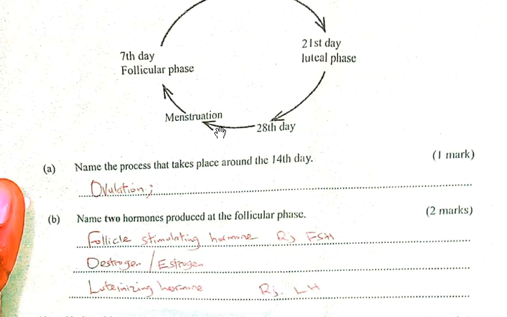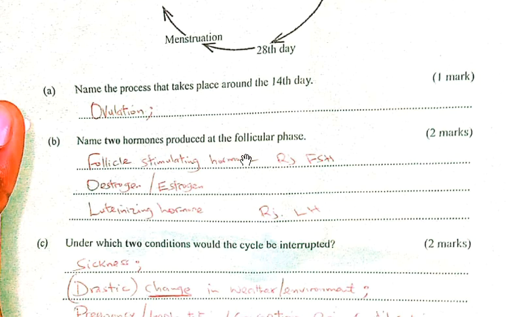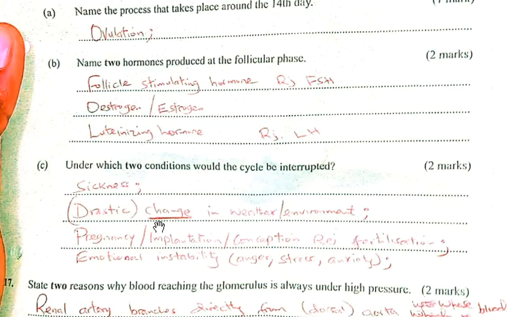Name 2 hormones produced in the follicular phase. We have follicle stimulating hormone, estrogen, and the luteinizing hormone. And because it is a name, you cannot give it initials such as FSH, it is wrong. LH, it is wrong. It must be full.